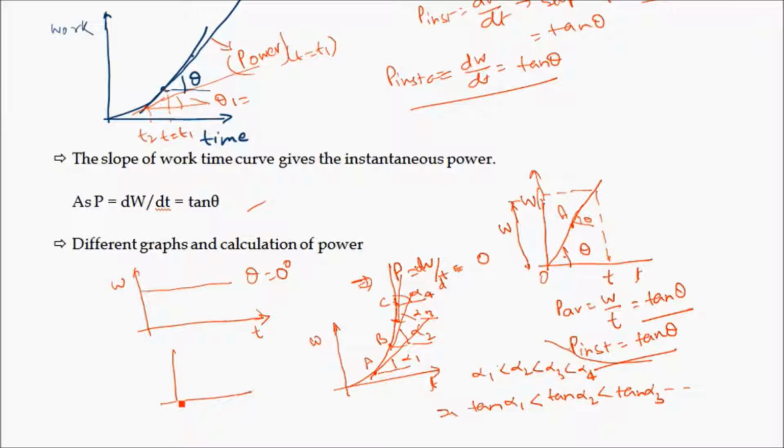So if you get this kind of W-t graph, you can infer that power is increasing. And if you get this kind of W-t curve, then the power is decreasing as the slope is decreasing. So in this case power is decreasing, while in the earlier case power is increasing.